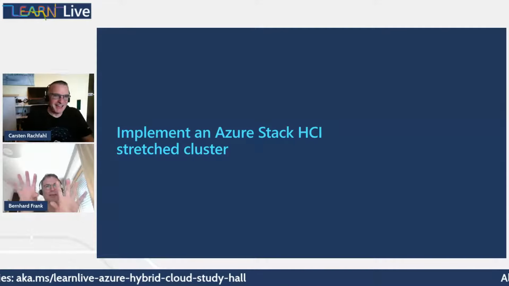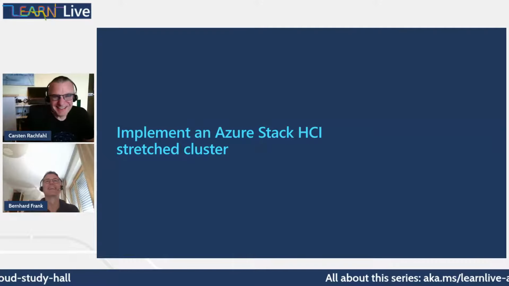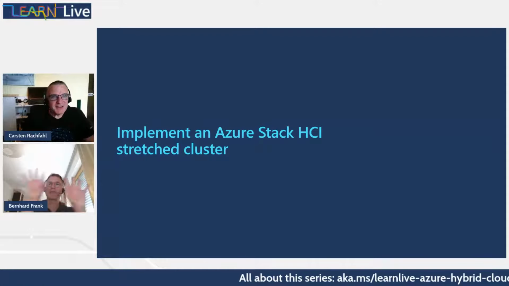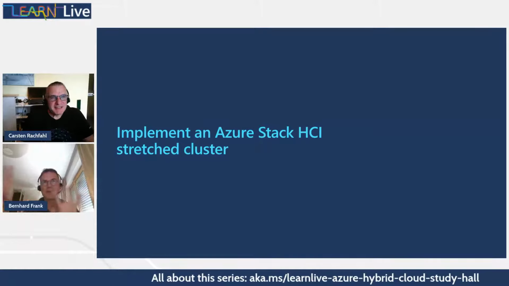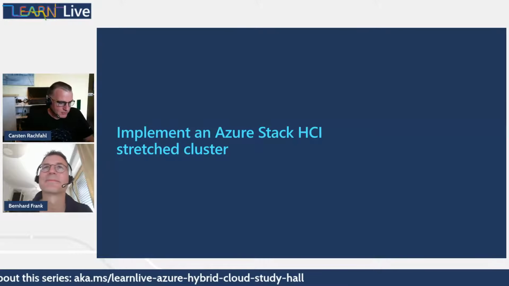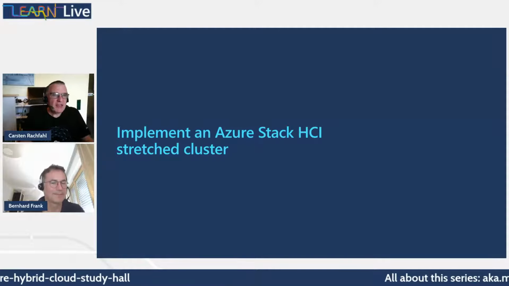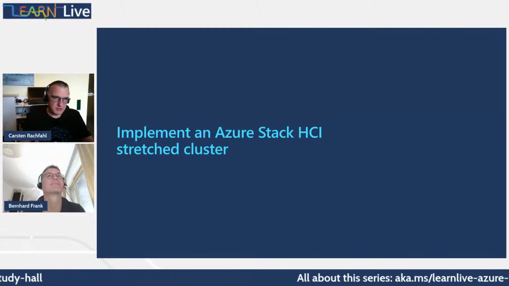And I know that this is not an easy one, right? So what does far mean? One cluster, or is it two clusters that are just apart, or what is it? Yeah, I get this question quite often. So far, and maybe that will change, but so far, if it's not in one rack, it's a stretch cluster.